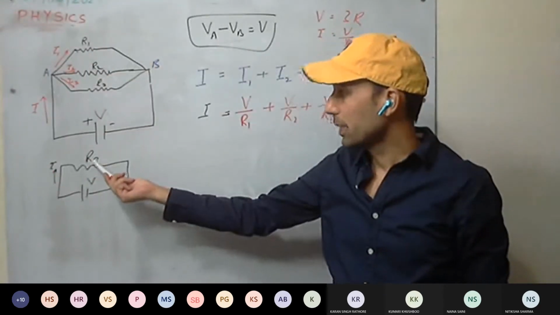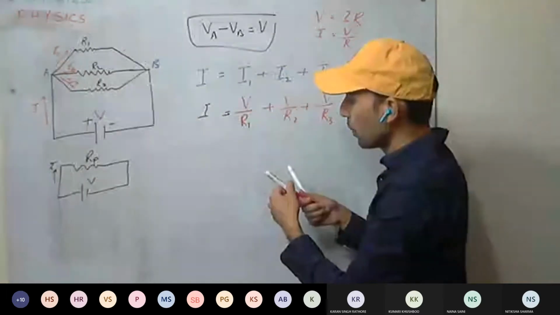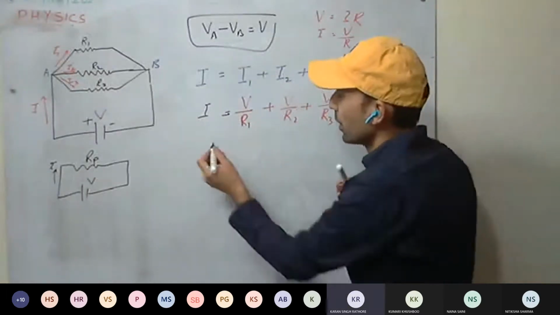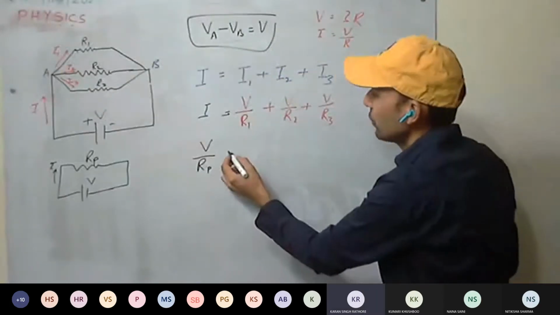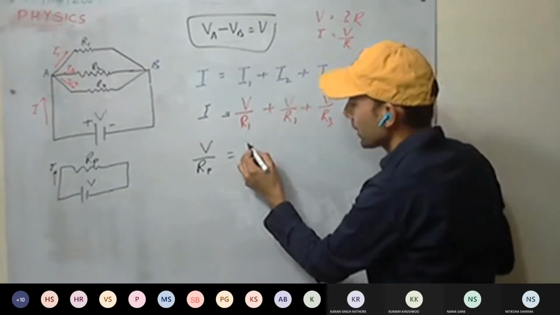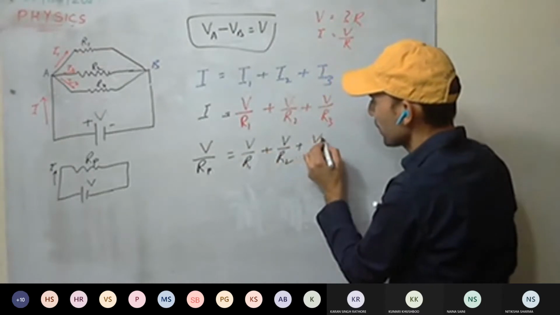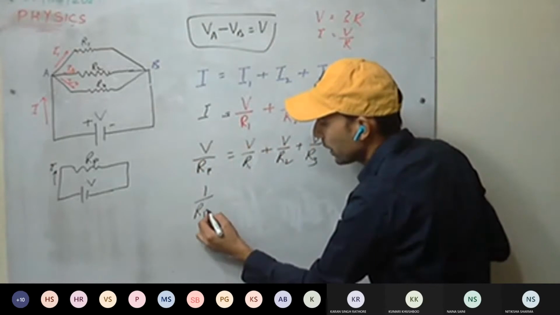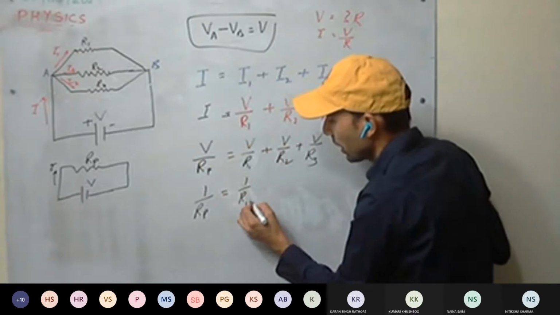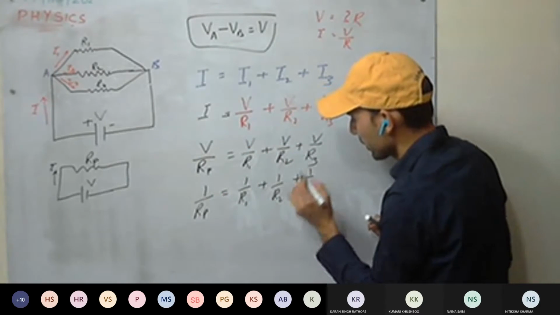In this case, total I will be V upon RP, which equals V upon R1 plus V upon R2 plus V upon R3. V gets cancelled. So 1 upon RP equals 1 upon R1 plus 1 upon R2 plus 1 upon R3.